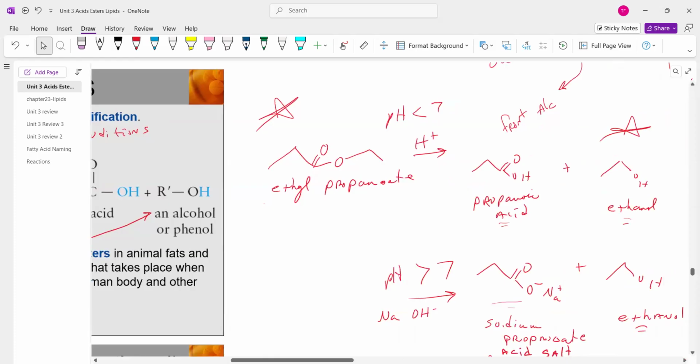So ethyl propionate, ethyl meaning it comes from a two carbon ethyl alcohol, and we're looking at a 1, 2, 3 carbon acid. So that's propanoic acid.